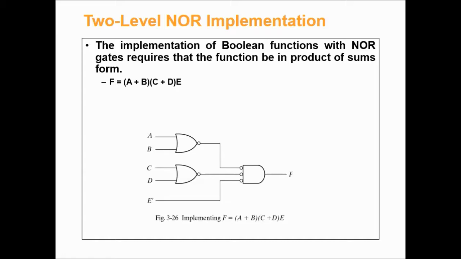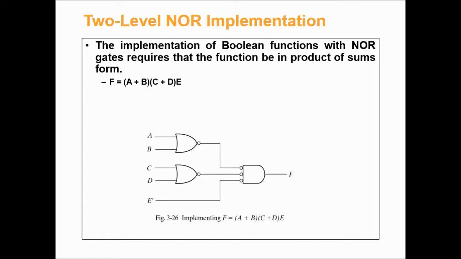The transformation from the OR-AND diagram to a NOR diagram is achieved by changing the OR gate to a NOR gate with the OR-invert graphic symbol, and the AND gate to a NOR gate with the invert-AND graphic symbol. A single literal term going into the second-level gate must be complemented.